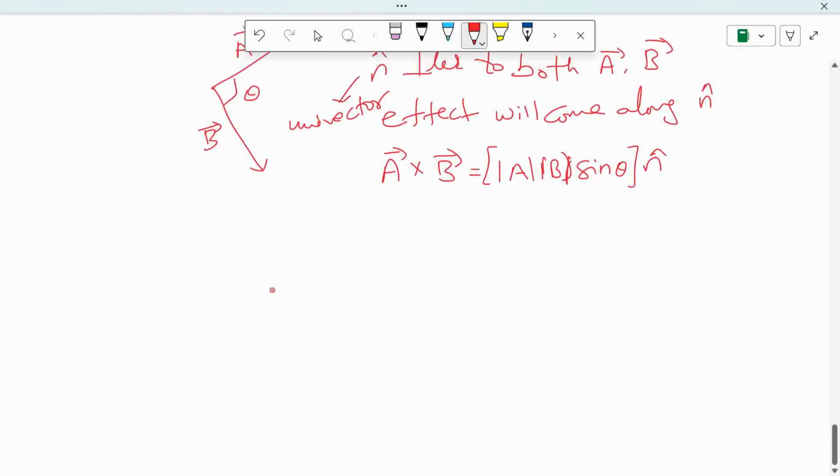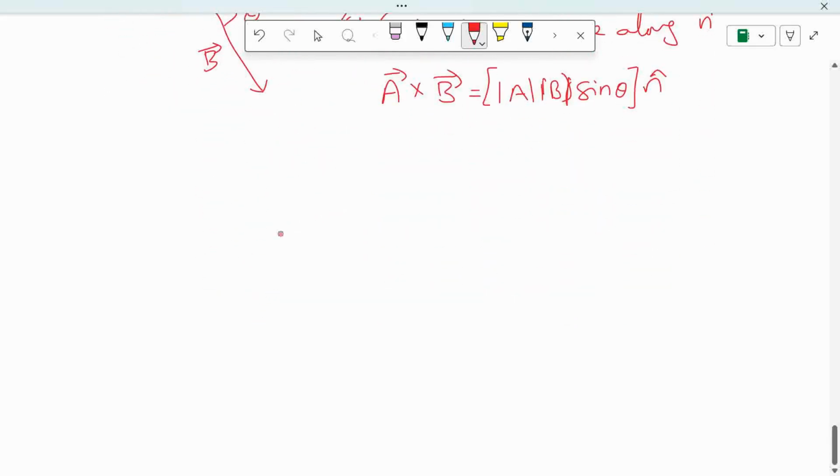So actually, it is mathematically equal to the area of a parallelogram. If we take a parallelogram like this with angle theta, here this is the magnitude of the vector B and magnitude of vector A. If you find this area, it will be equal to the product of the sides and the sine of the angle between them.